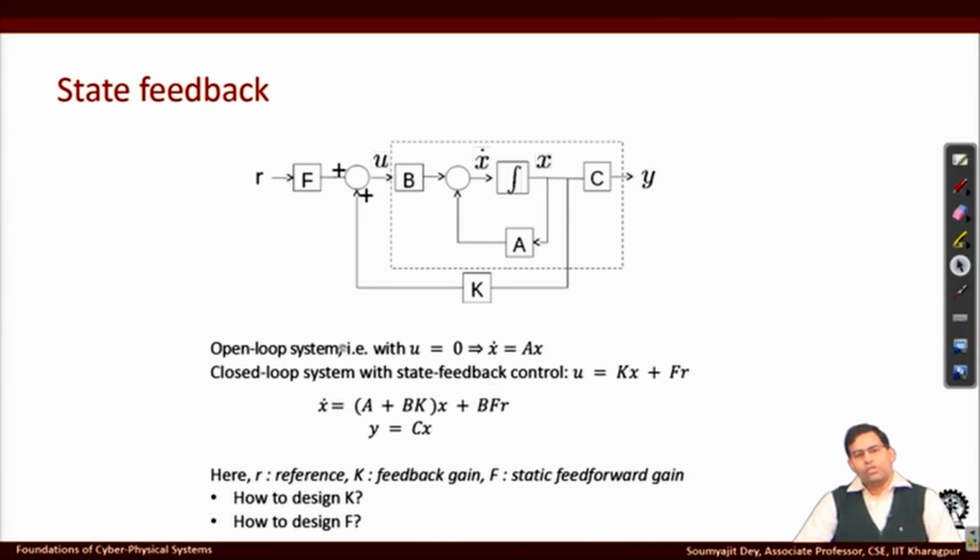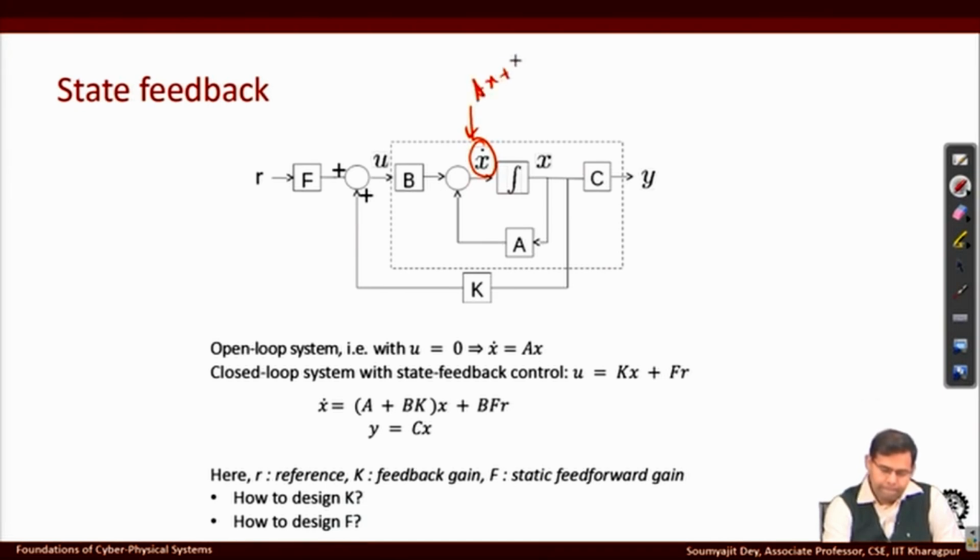If you just take a flow diagram based view here, our system is going to look like this. You have Ax plus Bu, which gives you this x dot, right? If you integrate it, that's your x. If you apply the transformation C, that's your output, right?